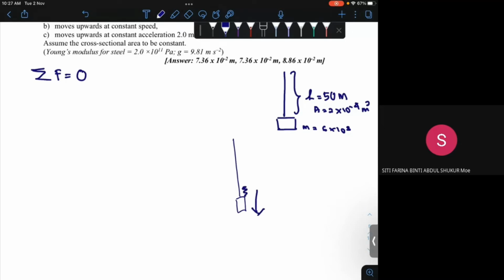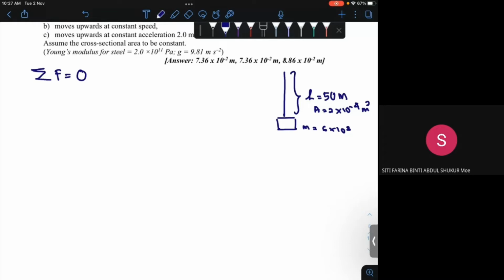Selagi tak digantung objek, tali itu panjang dia tetap 50 meter. When you add a weight there, awak gantung sesuatu benda pemberat dekat situ, dia akan menyebabkan tali itu turun ke bawah. Akan ada extension. Okay, so after it has been extended here, your object is still at rest.